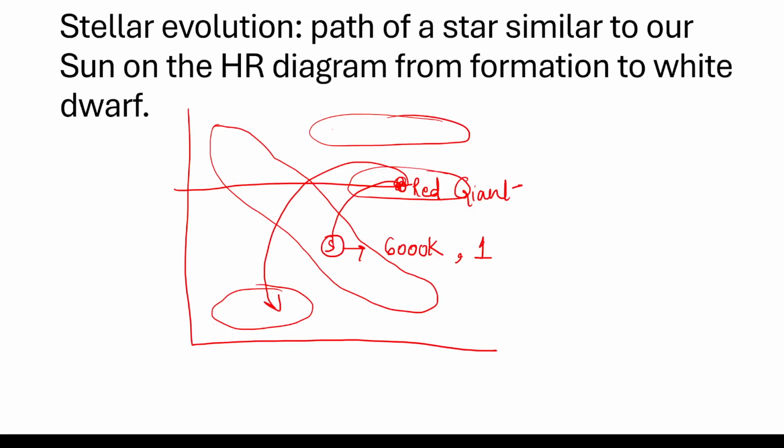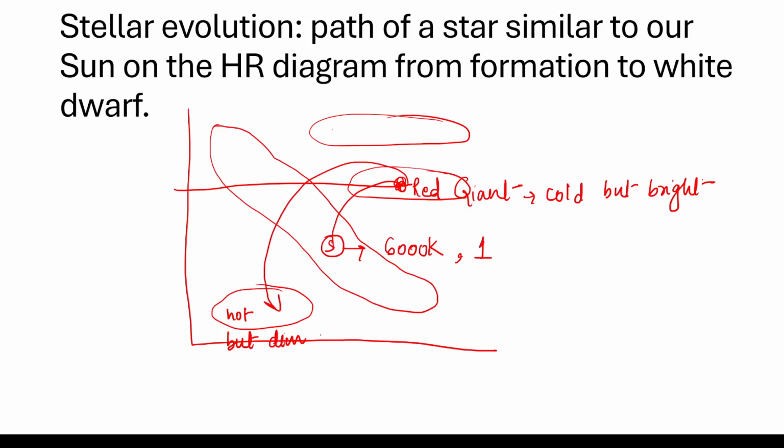The outer layers would be rejected, and the luminosity would drop drastically, and it'll come down as a white dwarf. So it'll move down and left, hot but dim. So it's hot but dim. Red giant: cold but bright.